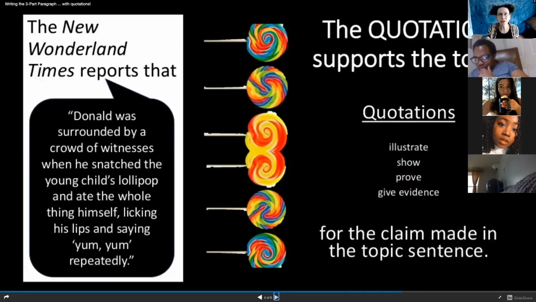The quotation then supports the topic. So you can't just throw in any quotation. The quotation you use has to back up the claim that you're making in your topic.